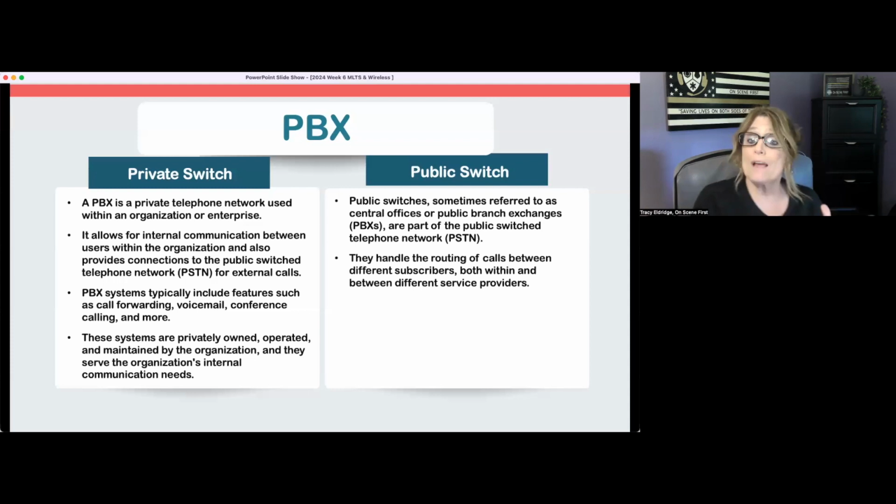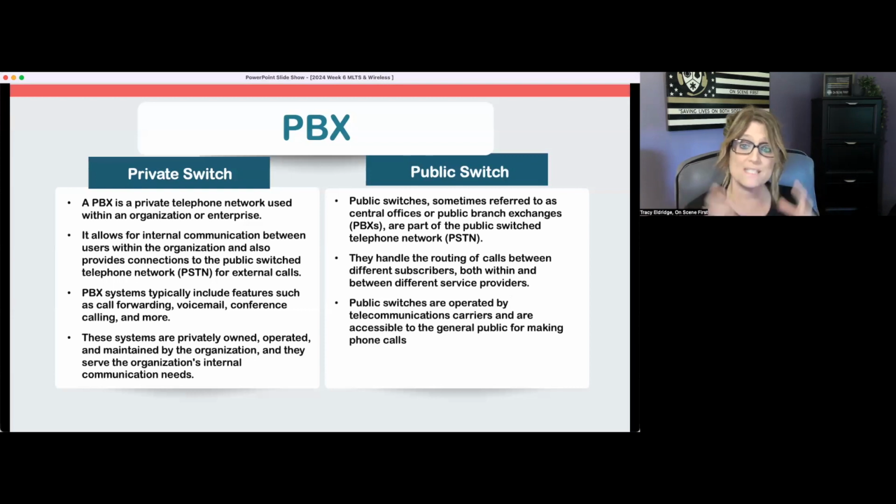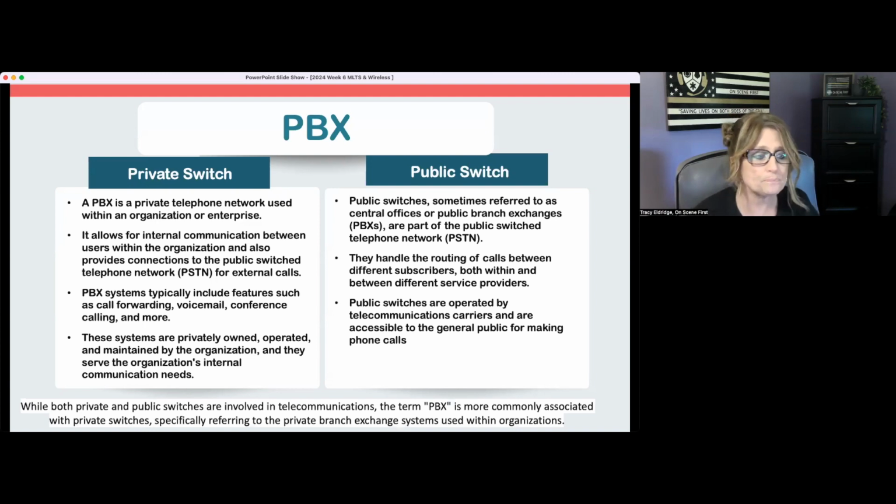So the private switch is only being used by the organization. The public switch is being used by anybody and everybody that's out there. So just keep that in mind if you see a question that is specifically being asked about a PBX. Public switches are operated by telecommunication carriers and accessible to the general public for making phone calls. Again, private versus public, right?